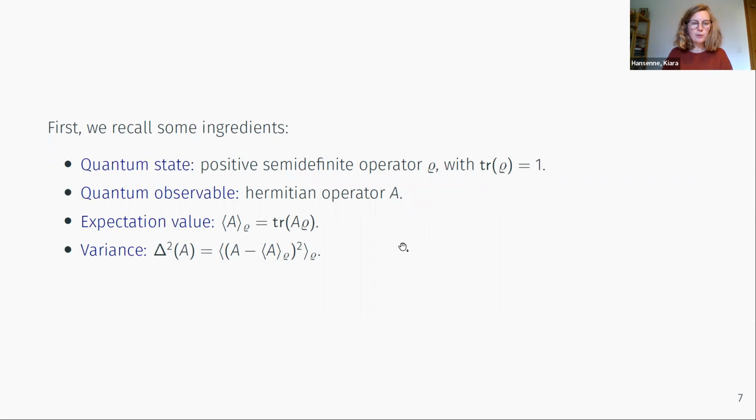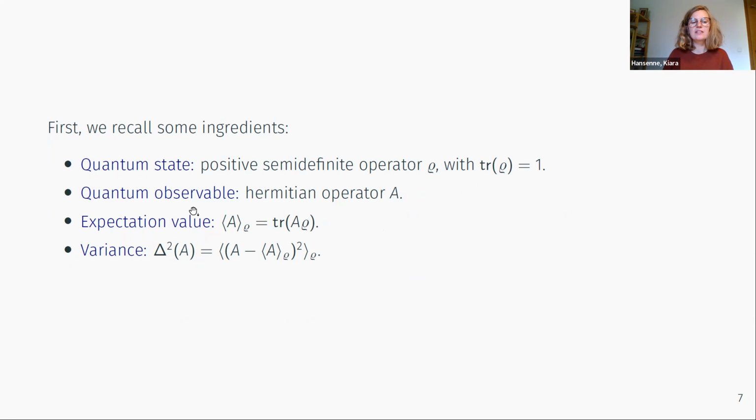But before that, I'm going to make sure that everybody's on the same page and talk about some very basic notions in quantum information. So we're going to talk about quantum states, which are positive semi-definite operators, here denoted rho, and that have a unit trace.